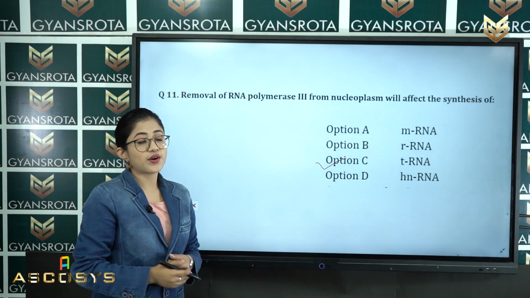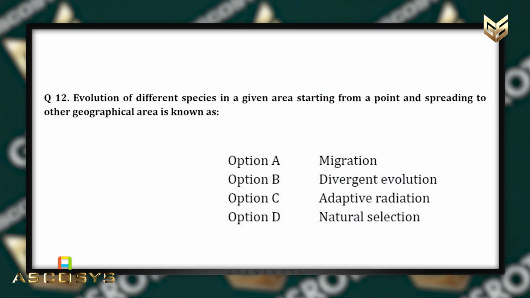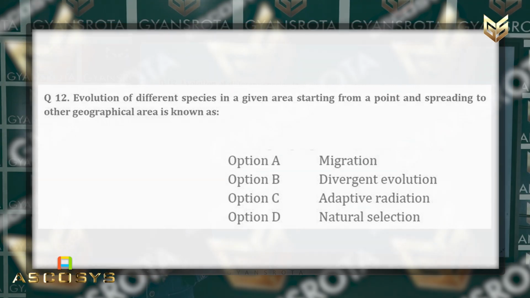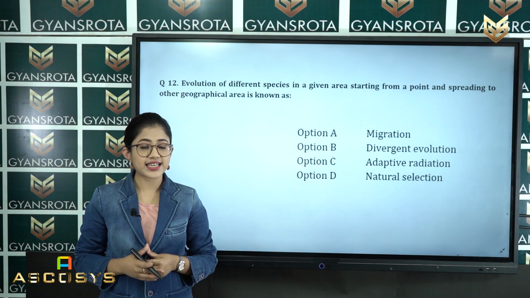Alright. Now let's move on to the next question, that is question number 12. Evolution of different species in a given area starting from a point and spreading to other geographical areas is known as option number A, migration, option number B, divergent evolution, option number C, adaptive radiation, option number D, natural selection. This is a very easy question, student. So what is the correct answer?